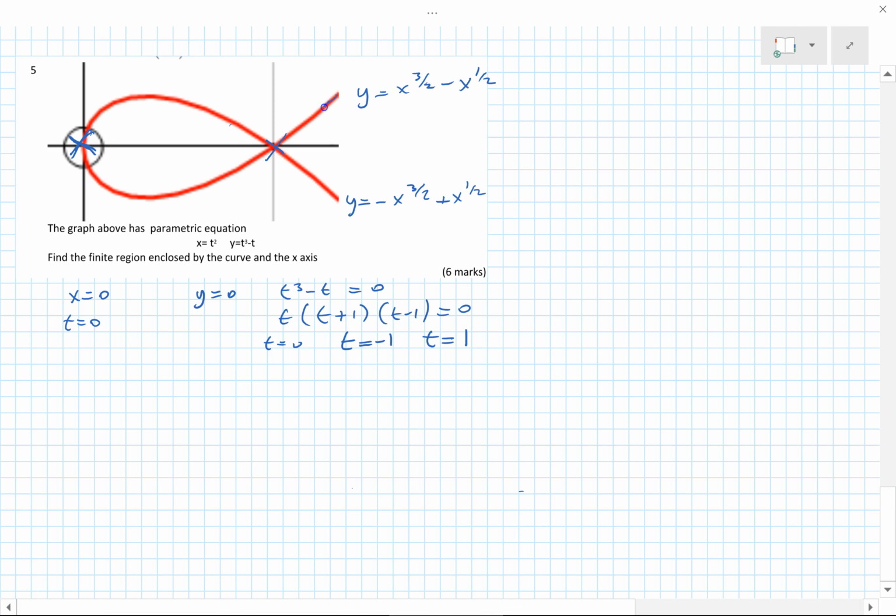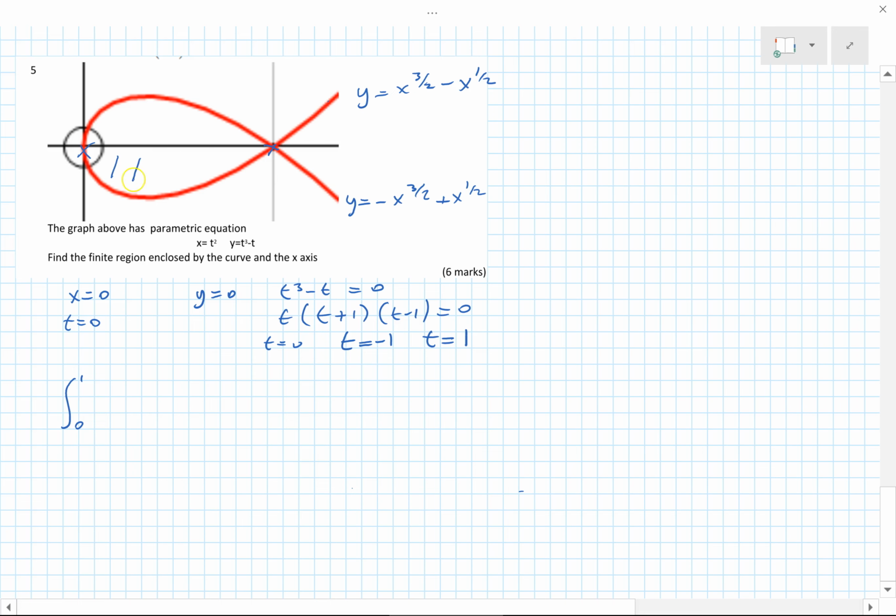We could work out which one's which, but to be honest, if I integrate between 1 and 0, I am actually going to be working out the bottom area here, but it wouldn't matter terribly. You just need to consider the sign of it and just take the modulus if it comes out the wrong sign. So I'm going to integrate between 1 and 0 for the value of t.